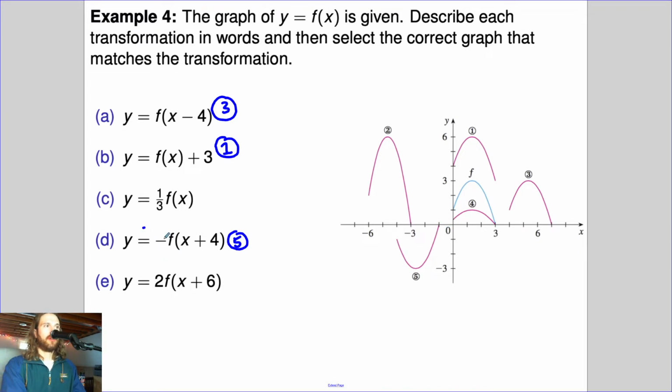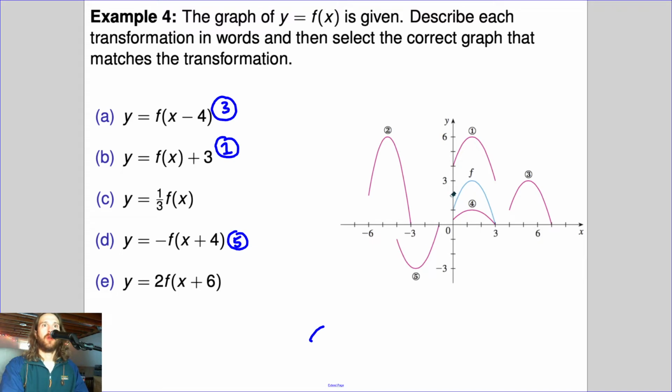This one looks like it has, since a is bigger than 1, a vertical stretch and then it got shifted to the left. So everything got doubled. The heights got doubled and then everything got shifted. What the hoogie? Hold on. There we go. The heights got doubled and then it got shifted to the left.